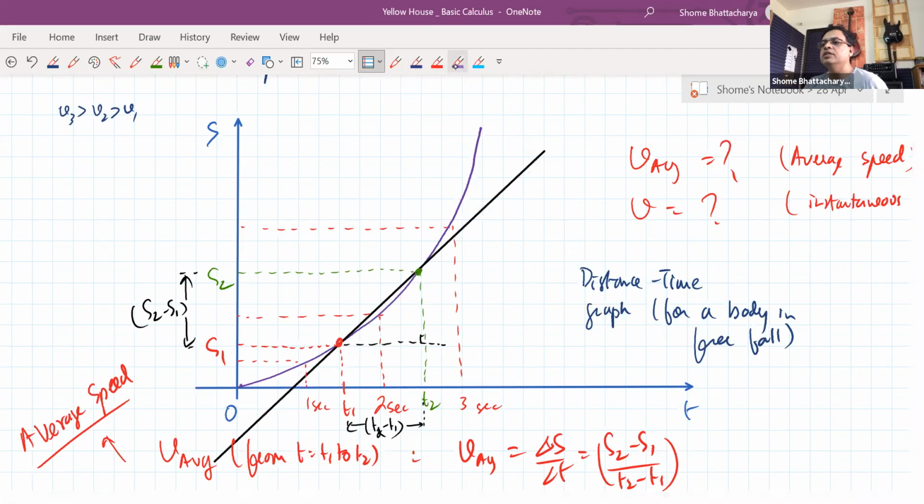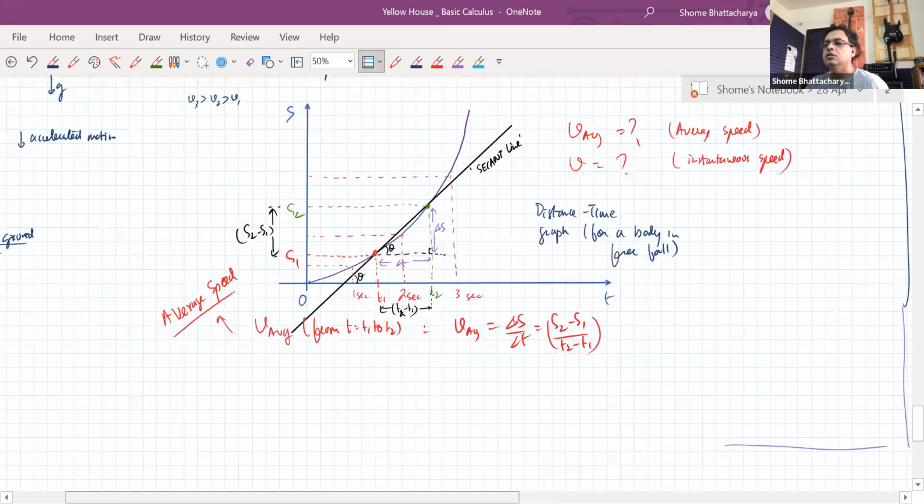In context of this straight line, this is your delta S and this is your delta T. In this triangle, this is nothing but tan theta, for the secant line. So this becomes the geometrical interpretation of the average velocity or the average speed.